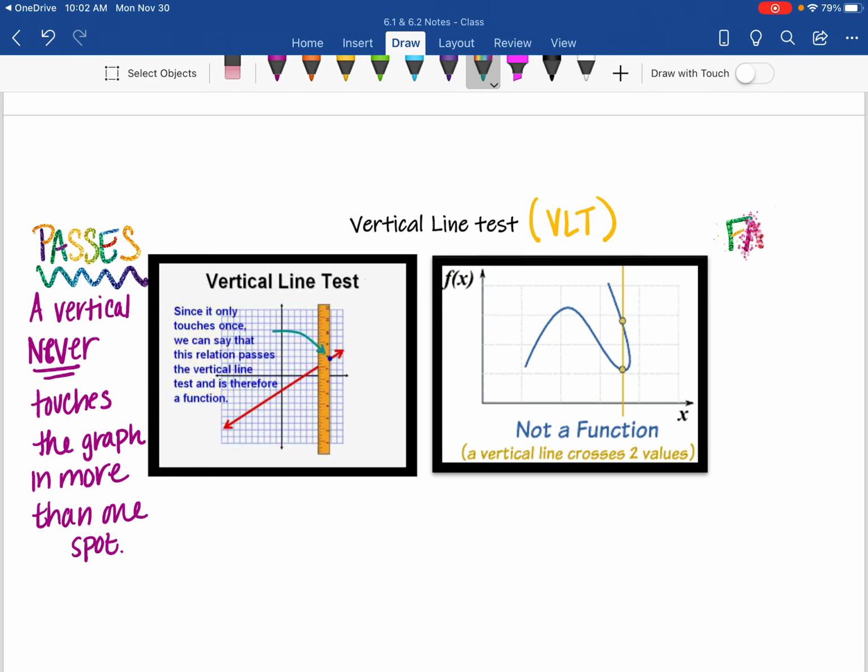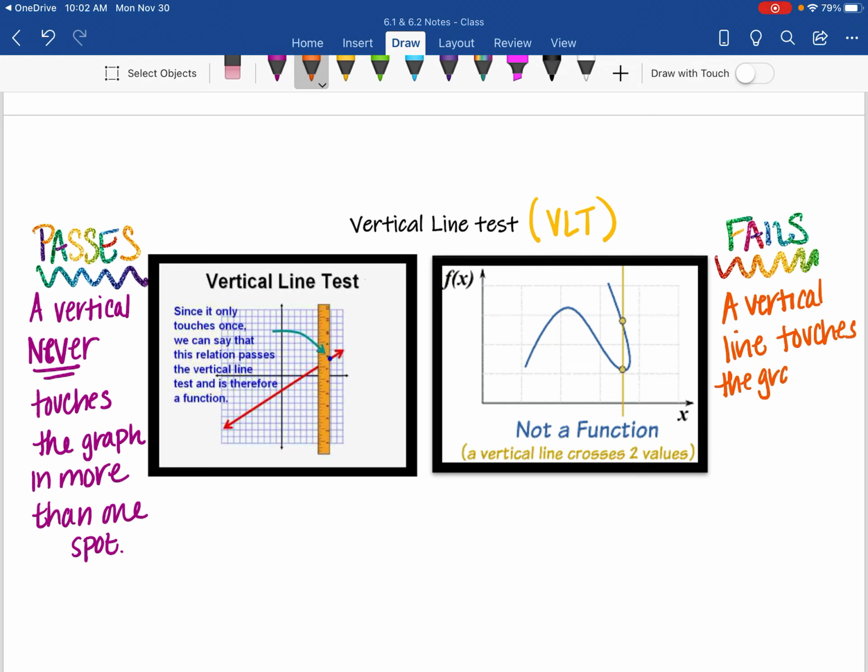If it fails the vertical line test, then that means that a vertical line touches the graph in more than one spot.